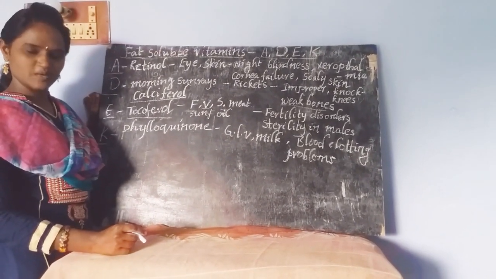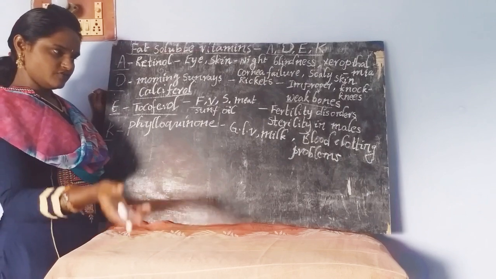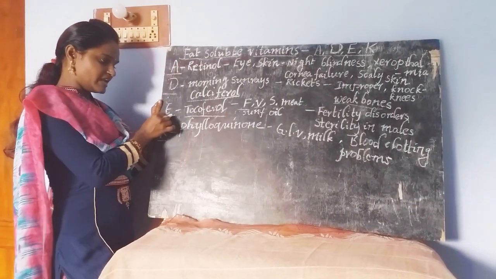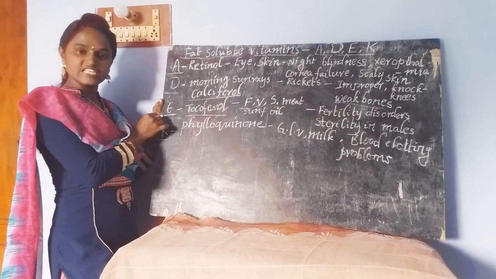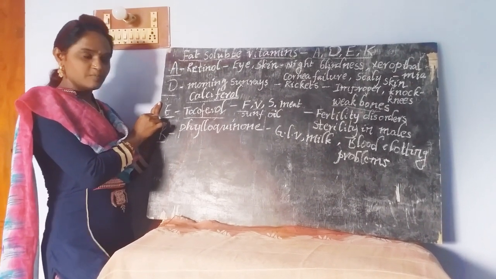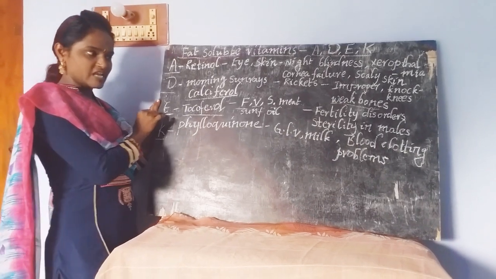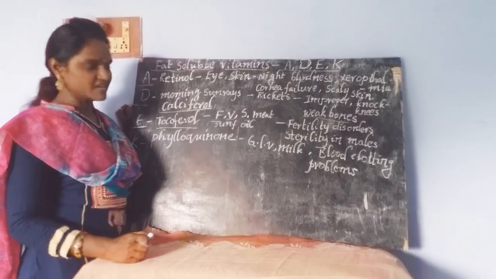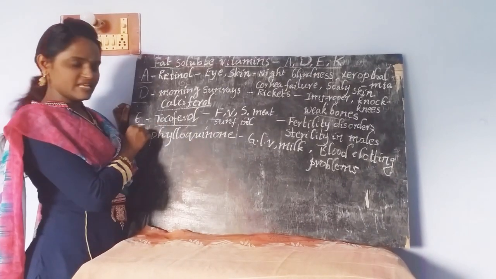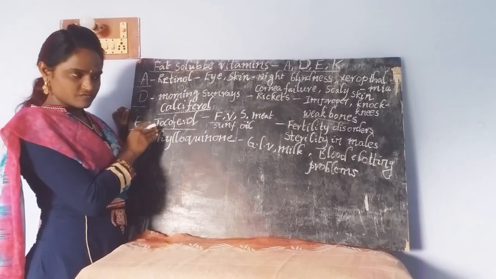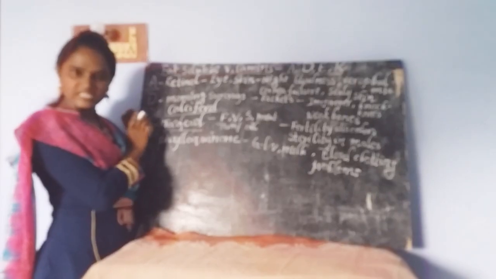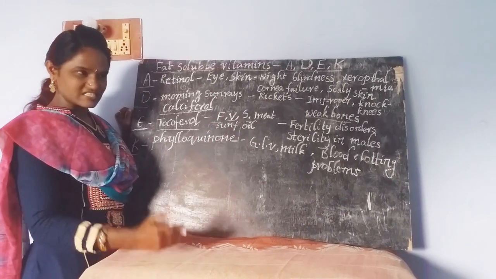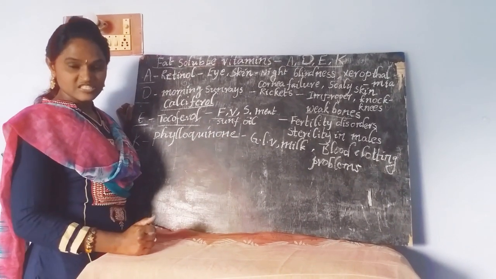Fertility disorders. What is meant by fertility disorders? If the male lacks this vitamin E in his body, then he becomes sterile. Sterile means unable to produce children. And at the same time, if the female is suffering with the deficiency of vitamin E, then she may suffer from repeated abortions.